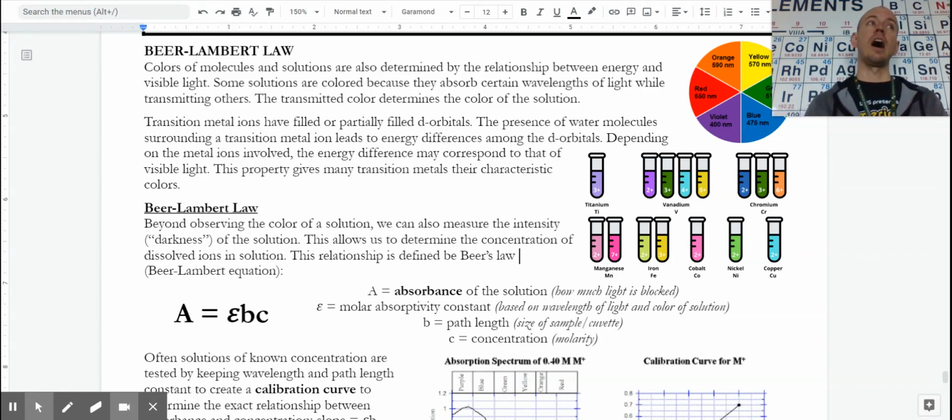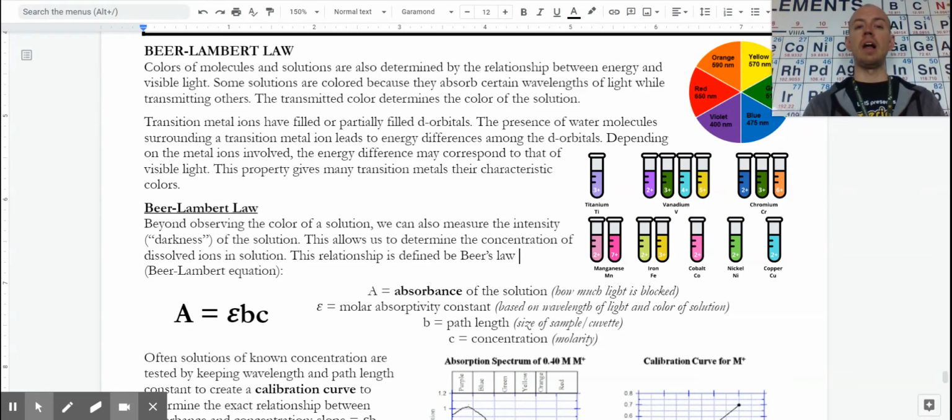Some things have color without the necessity of a flame test. Solutions are good examples of this. Right here is a picture of solutions of several different transition metals. Transition metals often are colored because of the energy associated with the filled or partially filled d orbitals.